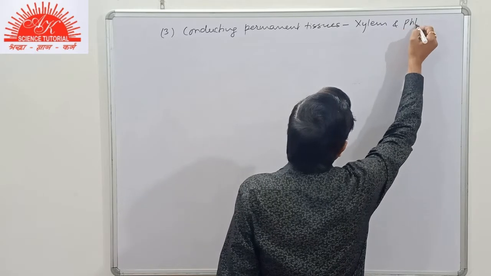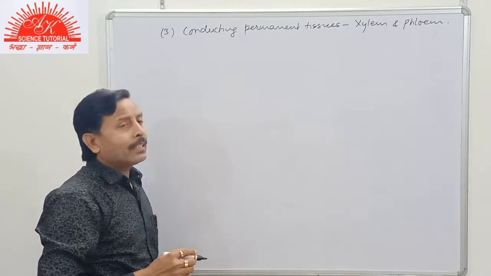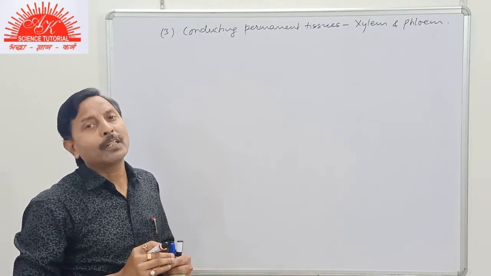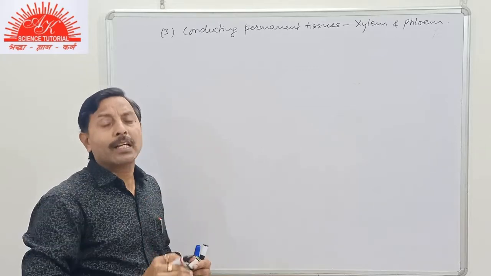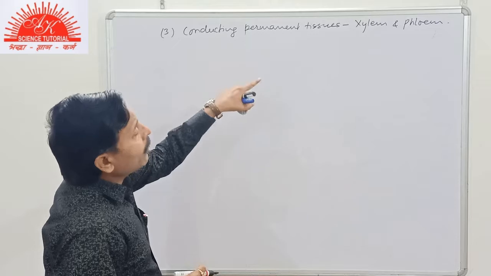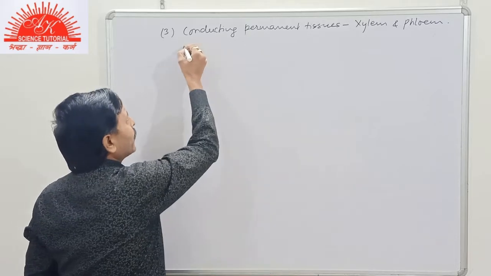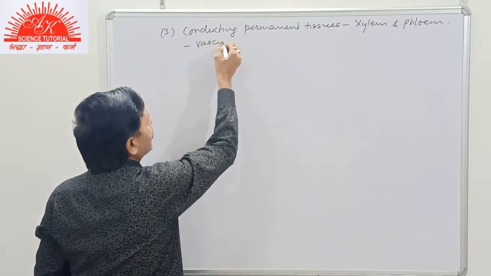As the name suggests, they are conducting, meant for transport of materials. So they have a tubular passage, a tubular structure. Since they are involved in transportation, they also form vascular tissue.